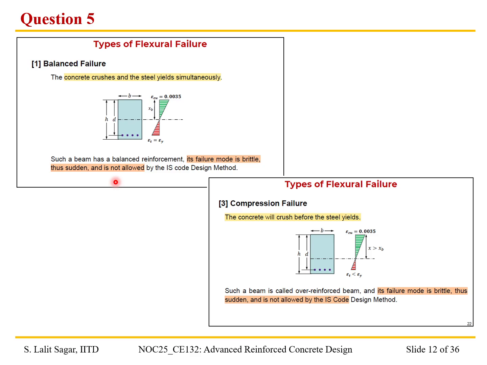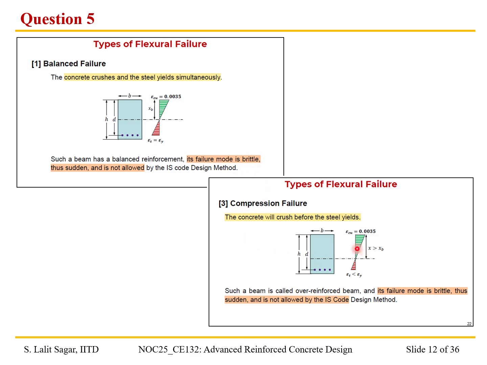We want to design the reinforced concrete members and systems in such a way that they undergo sufficient deformation before failure and give a sufficient warning. The ductile mode of failure is preferred over the brittle mode of failure. So that is why balanced failure comes under the category of brittle mode of failure.